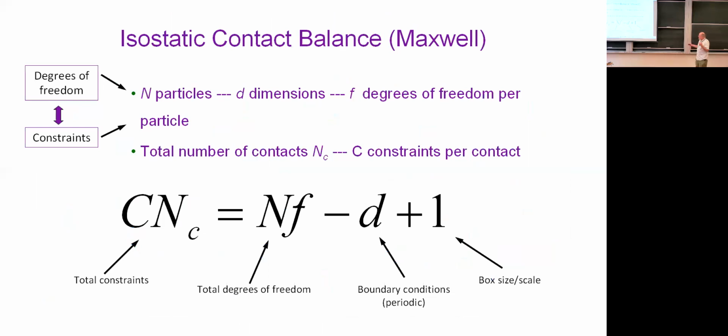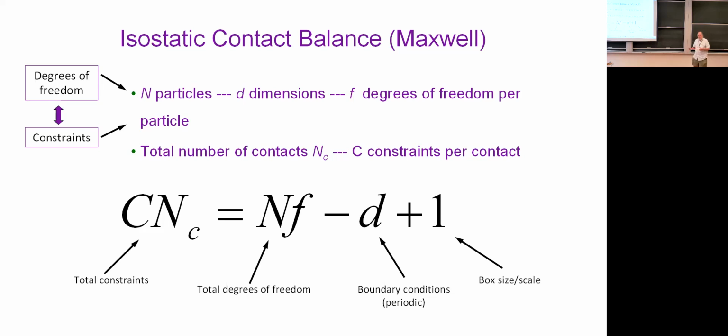In general, with this type of Maxwell counting, all we're saying is that the total number of constraints, which is the number of constraints per contact, is equal to the total number of degrees of freedom minus the boundary condition. Depending on your boundary condition, you can move up and down, or you could rotate, or different things like that. In the case of periodic boundary conditions, this is just the dimension of the system; you can't rotate in a periodic domain.